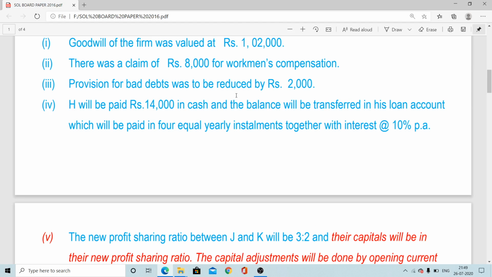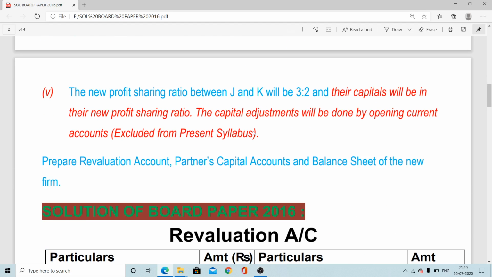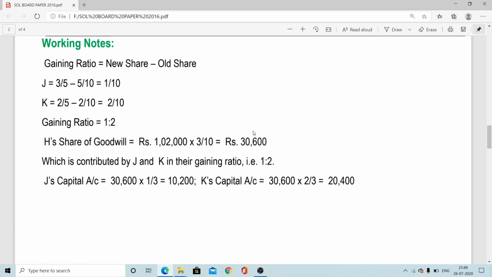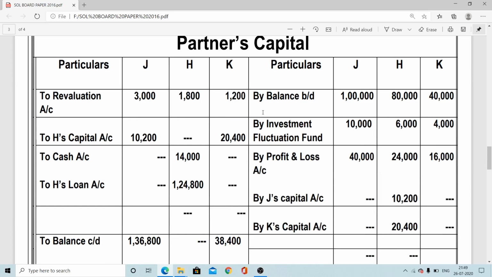So we can distribute that fund to all our partners under the old ratio. Therefore by investment fluctuation fund 10,000, 6,000 and 4,000, total 21,000 were credited to all the partners in their old ratio. Now the undistributed profit, like the profit and loss account: by profit and loss account 40,000, 24,000 and 16,000.